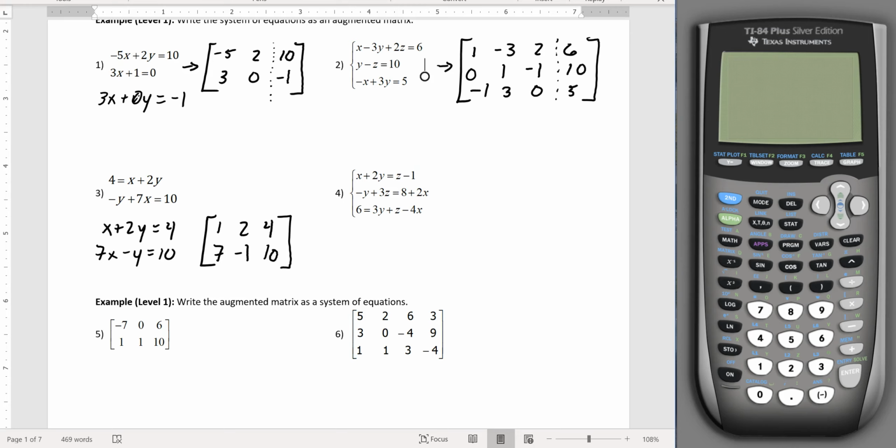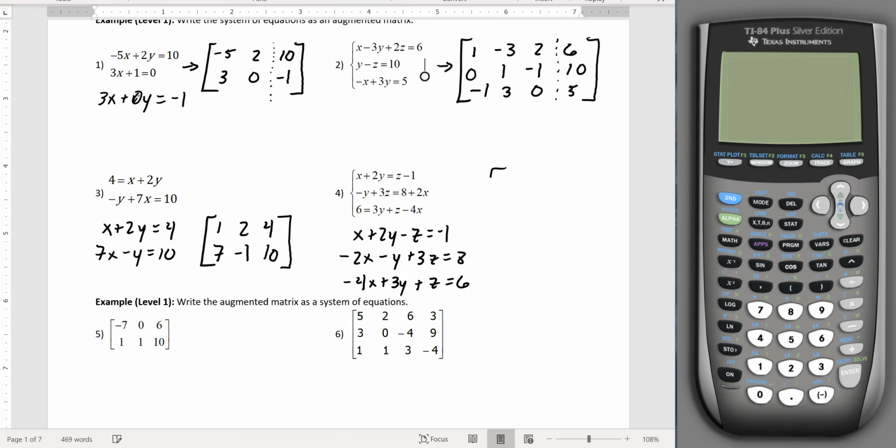And number 4. Oh, all sorts of order going on here. Let's write this out in a correct order first. So we'd have x plus 2y, I'd need to subtract z, that's negative 1. Subtract the 2x, so negative 2x minus y plus 3z is 8. And then this one's just out of order, so negative 4x plus 3y plus z will equal 6.